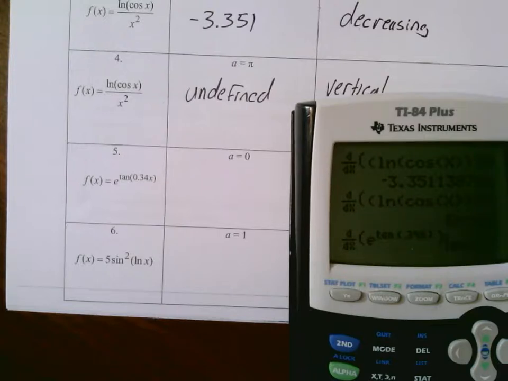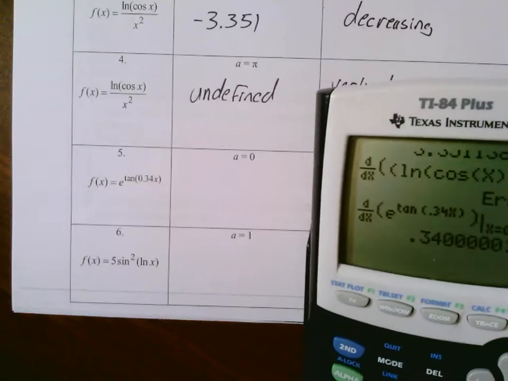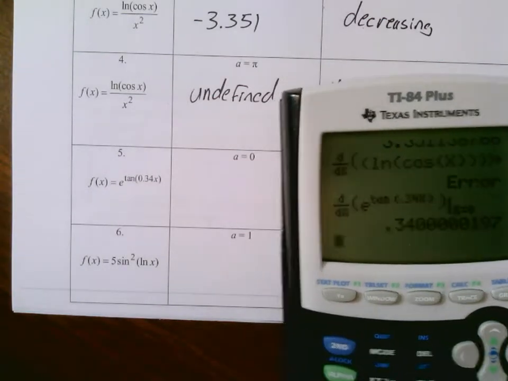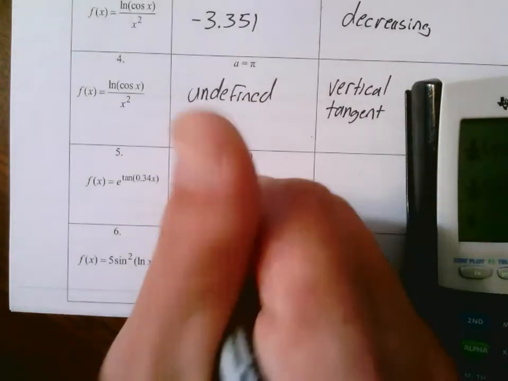Well, you know this. Tangent of 0 is 0 over 1, which is 0. E to the 0 is 1. So this one equals 0.340000.